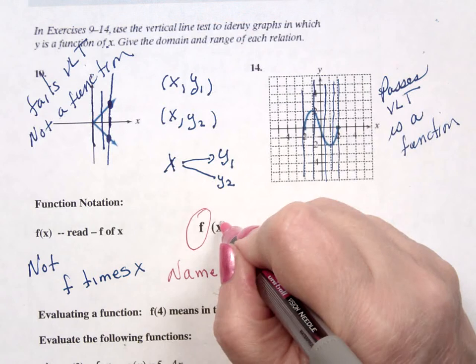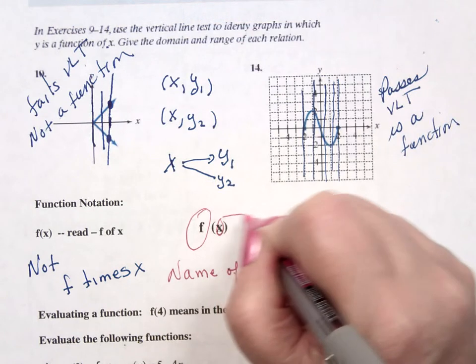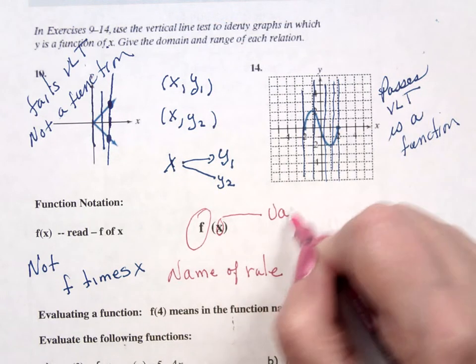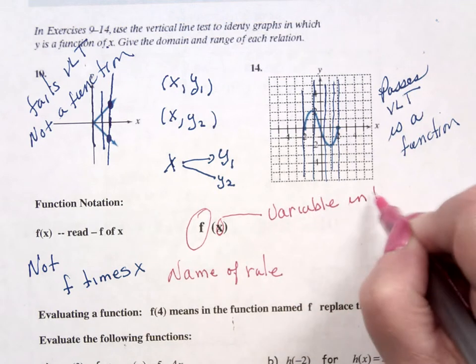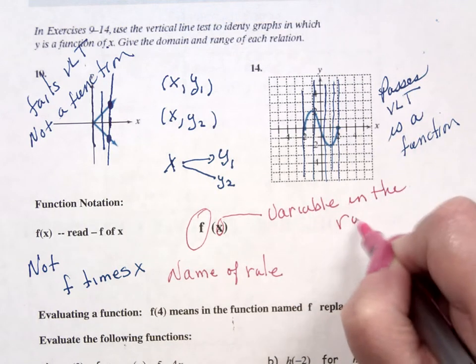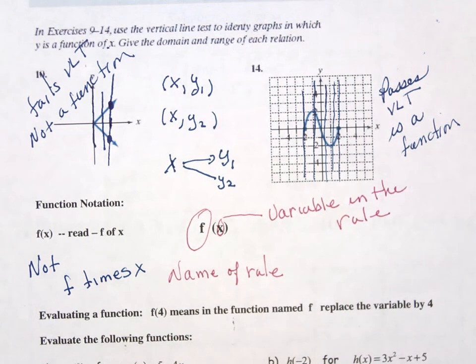And x is the variable in the rule. So f is the name.